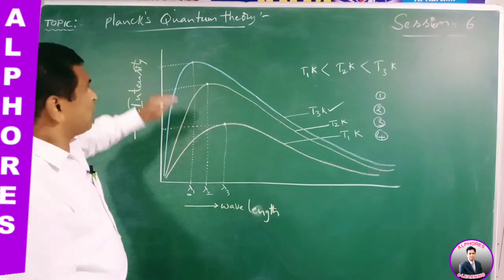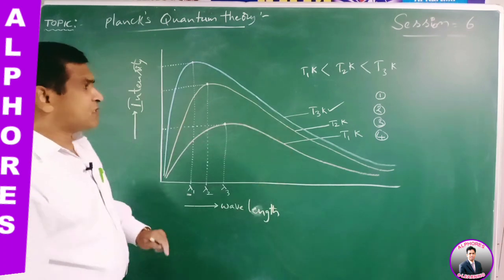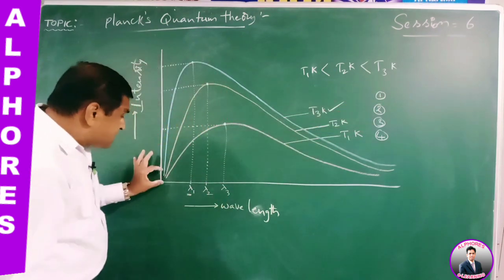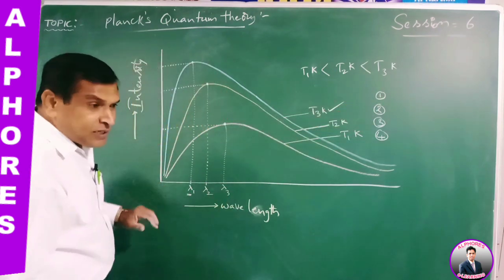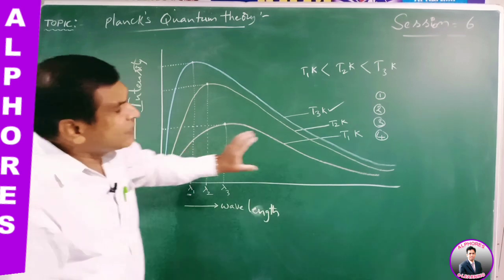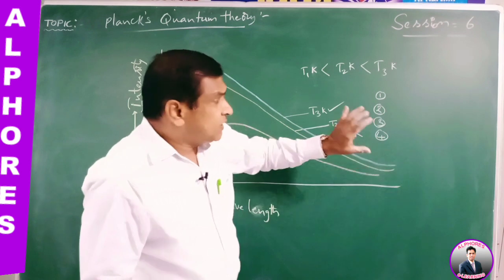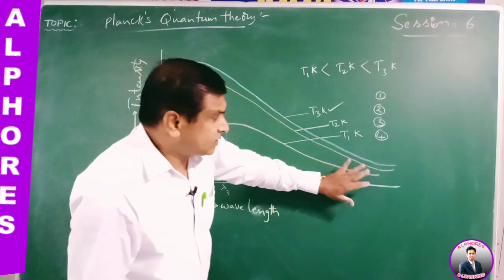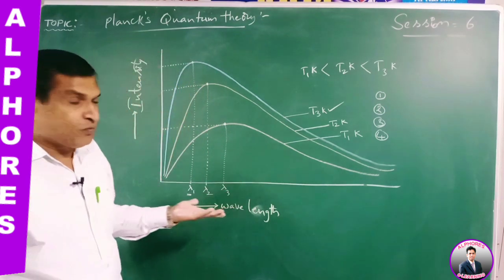Once again let us revise all these four points. The first point, intensity of the radiation energy is less for shorter wavelength and longer wavelength light. That is understood from the graph.